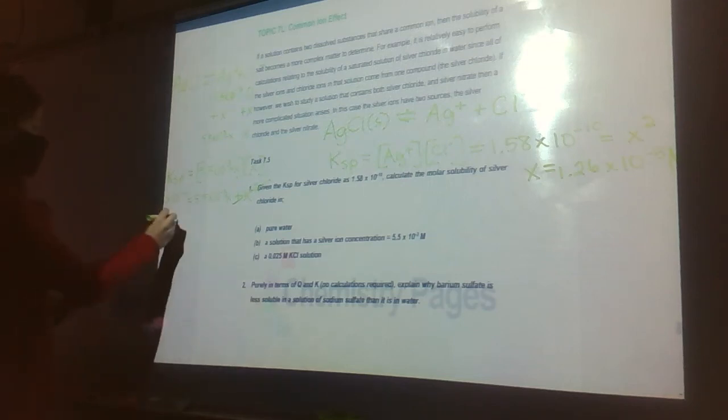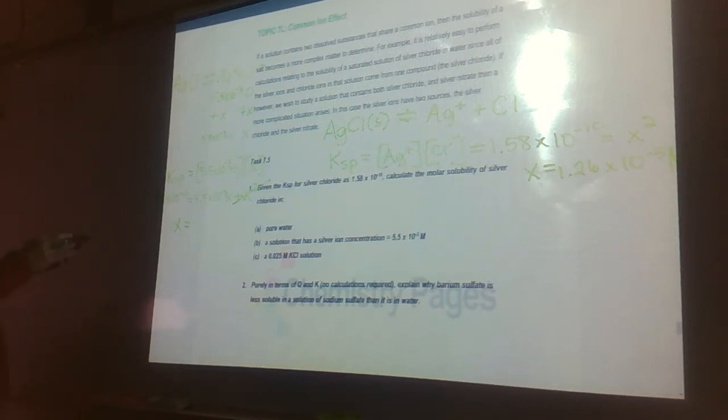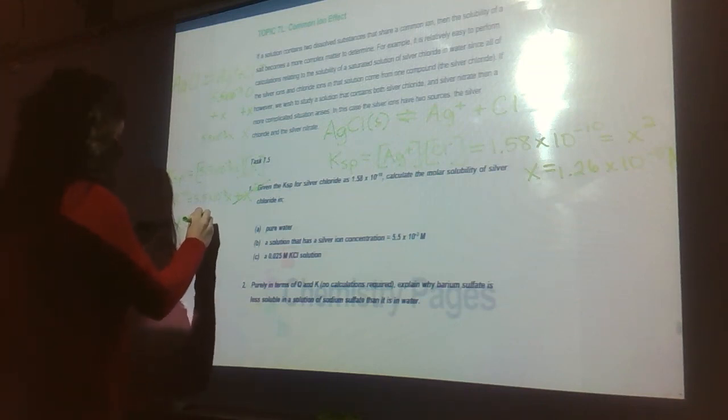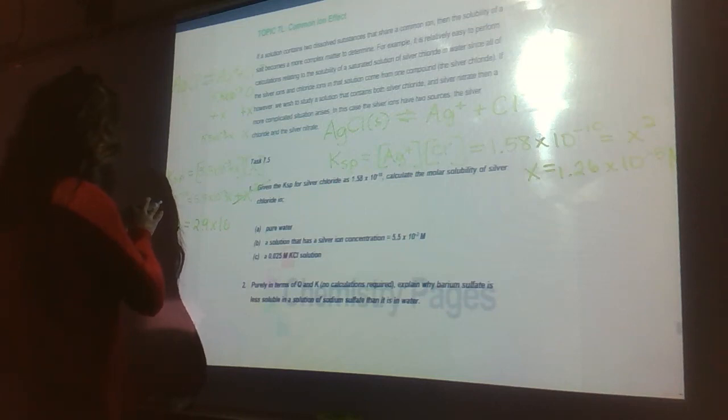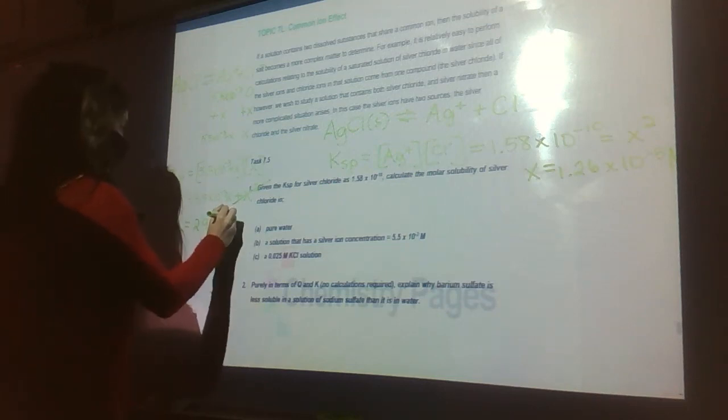So we solve for x, which is the molar solubility. And we get 2.9 times 10 to the negative 8.